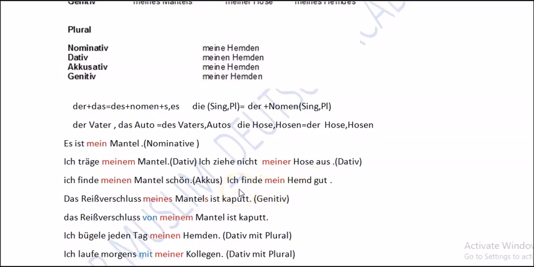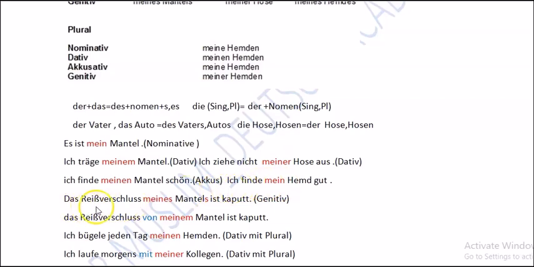I find my shirt good. It means it is good. The next one is das Hemd. We said that we are not changing das to any other form in accusative. It remains the same as in nominative form.